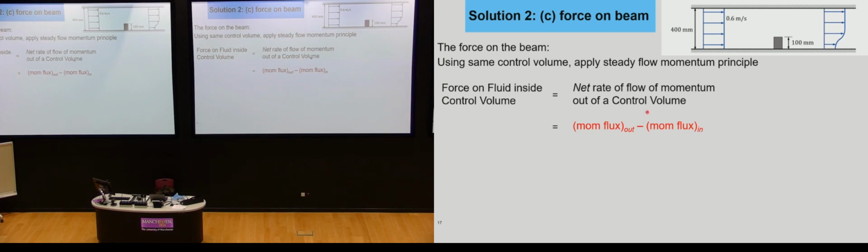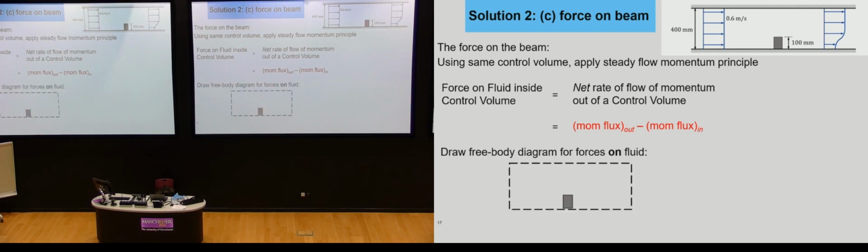We then just need to work out what our momentum fluxes are. So let's draw the free body diagram. This is where you're communicating to whoever is reading your solution how you understand the question. So here is my control volume that I had earlier, and here is the beam in the middle of it.